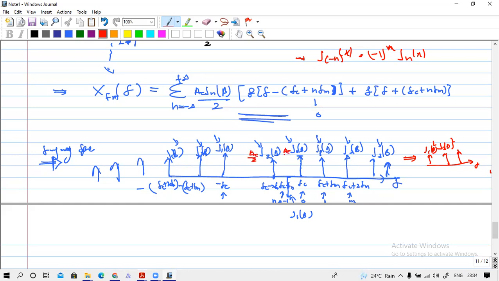Sorry, I forgot that. Ac by 2 is also there, and you have to square it, Ac by 2 squared. Then you can plot the power spectrum. So we will do this for one case.